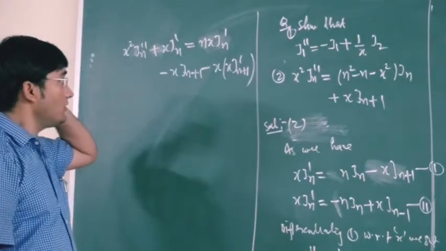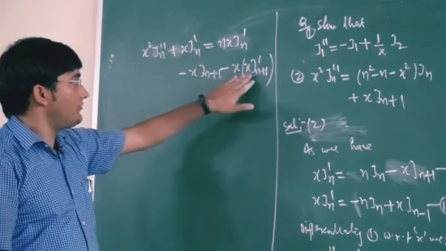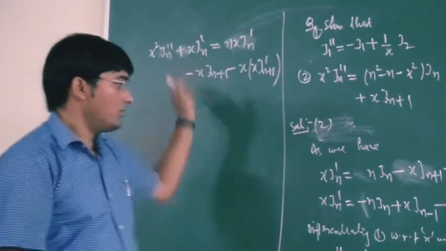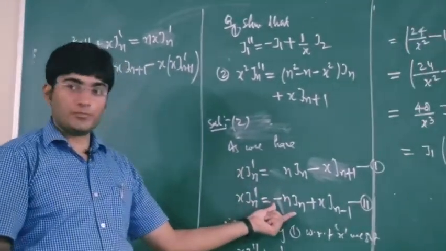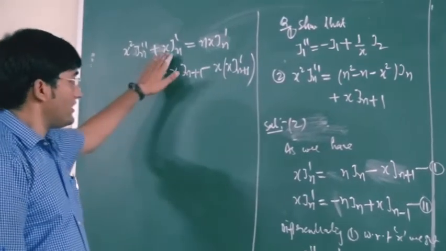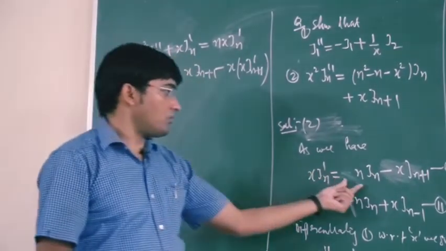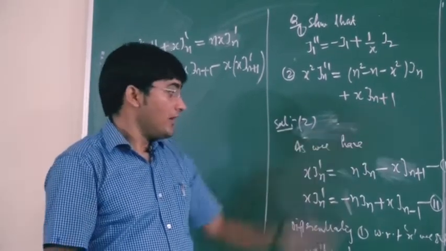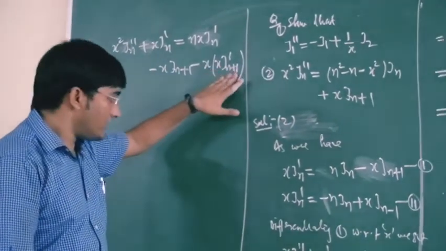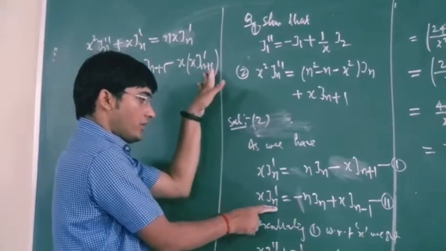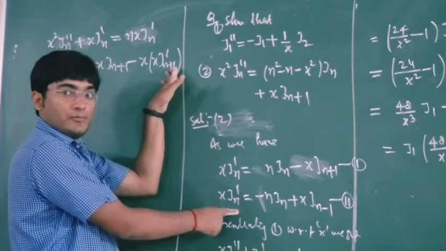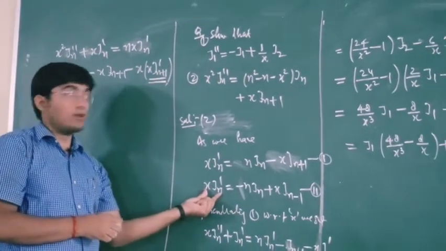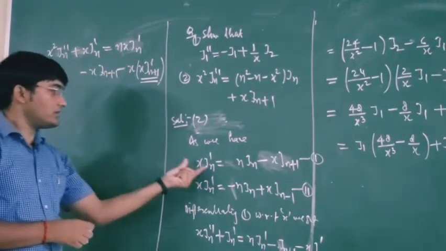Now let us put the values of x Jn plus 1 dash and x Jn dash from equations number 1 and 2. So for x Jn dash I will use equation number 1 because we need the values in terms of Jn plus 1, and for x Jn plus 1 dash let us replace our n by n plus 1 here. So for this we will use this recurrence relation.